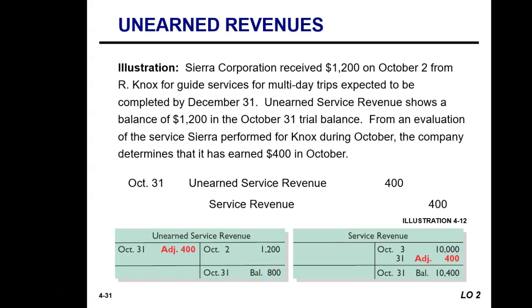So you make an unearned revenue adjustment. You will always debit a liability for the amount that has been earned and credit a revenue account in order to increase and recognize your revenue. Don't forget, it includes one account from the balance sheet, one account from the income statement.